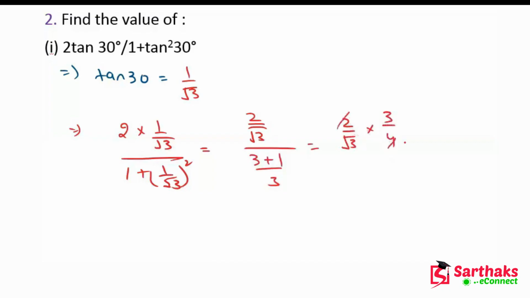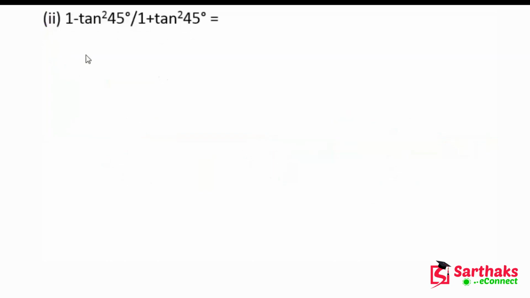Okay, so this will be cancelled. We get 2 and this is root 3 into root 3 upon root 3 into 2. This will cancel. We get root 3 upon 2. This is our answer.